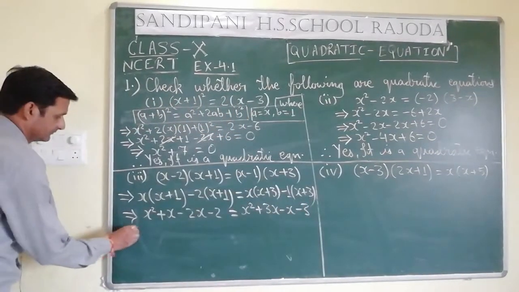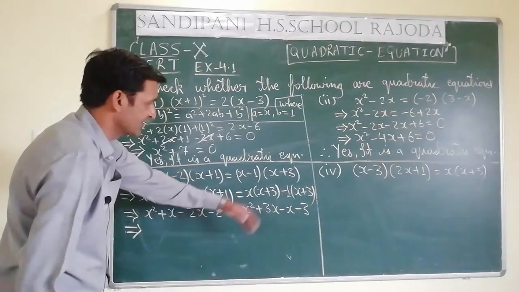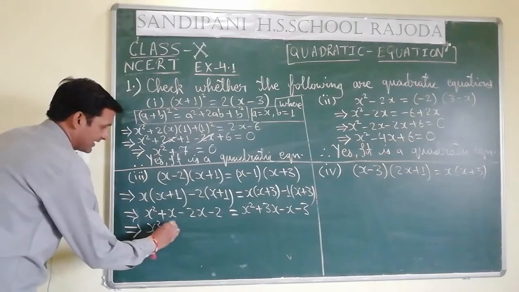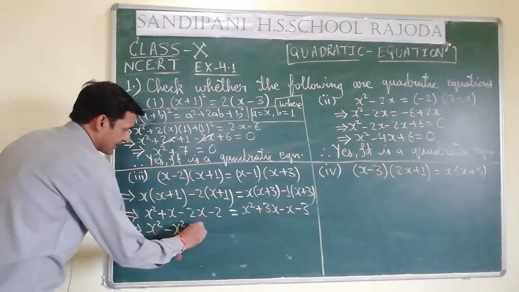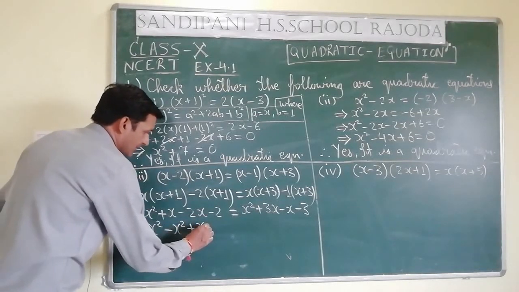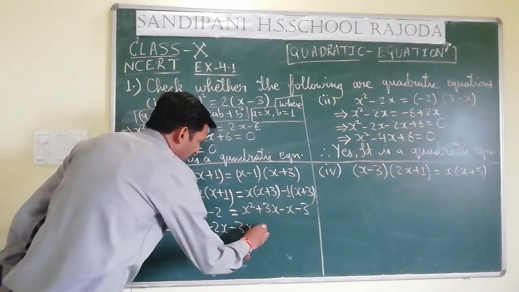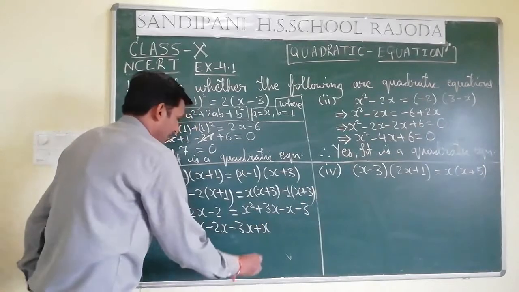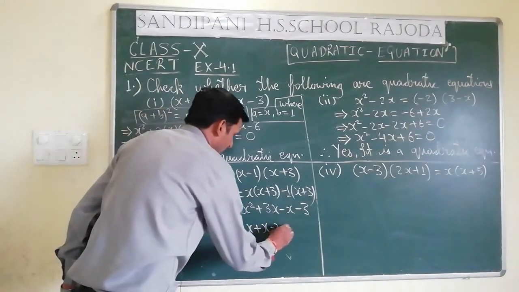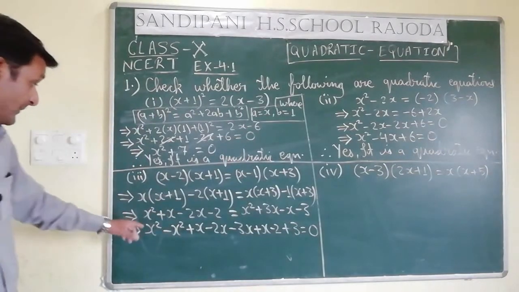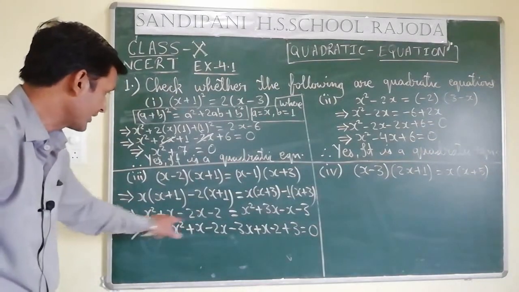Now, if we transpose all these terms to the left side, it will become x square minus x square plus x minus 2x minus 3x plus x and minus 2 plus 3 is equal to 0. See here, with x square we have to transpose x square.